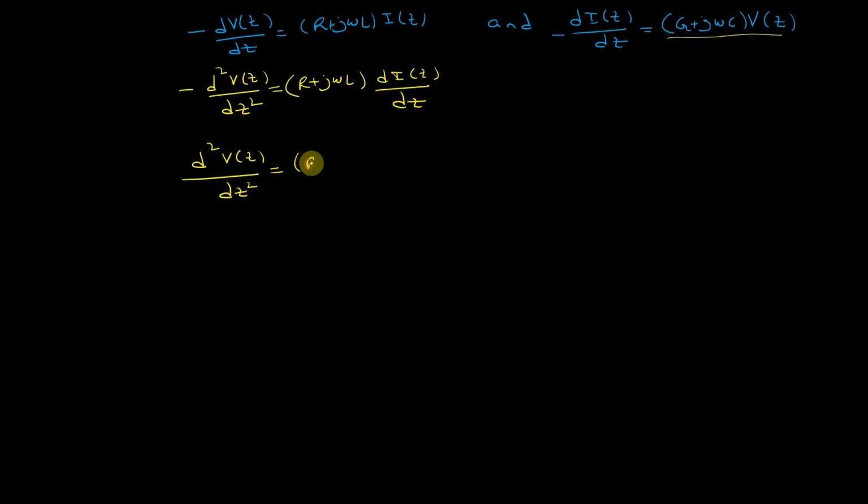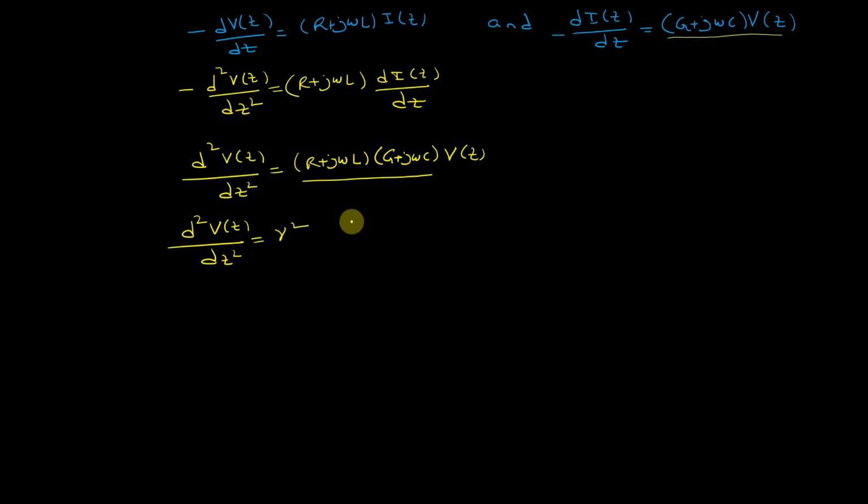You will get R plus j omega L times G plus j omega C into V(z), and this factor is given by gamma square. So d square V(z) upon dz square is equal to gamma square V(z).